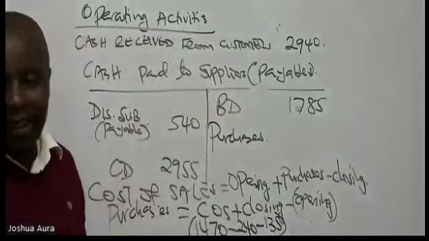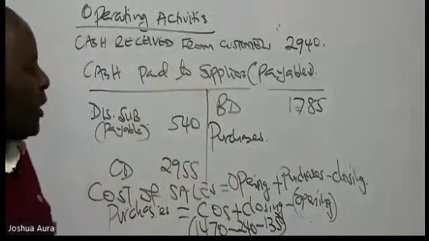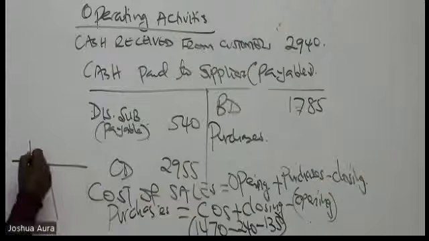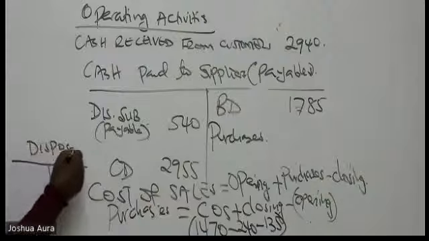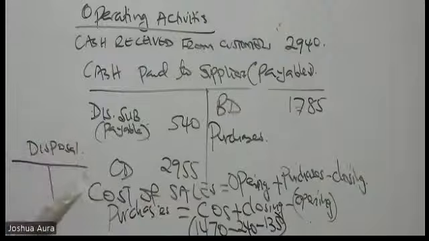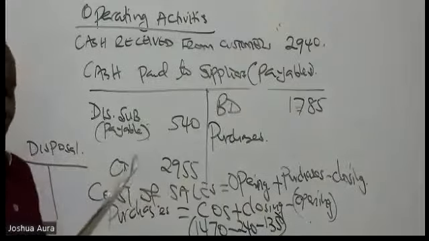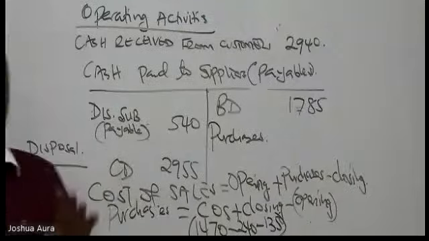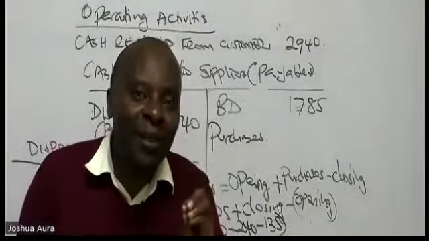Jackie tells me that that loss which was expensed here is 135. However, in the interest of the students who have just joined us, if I'm to do a small account here called disposals account. When you dispose a PPE, what happens?